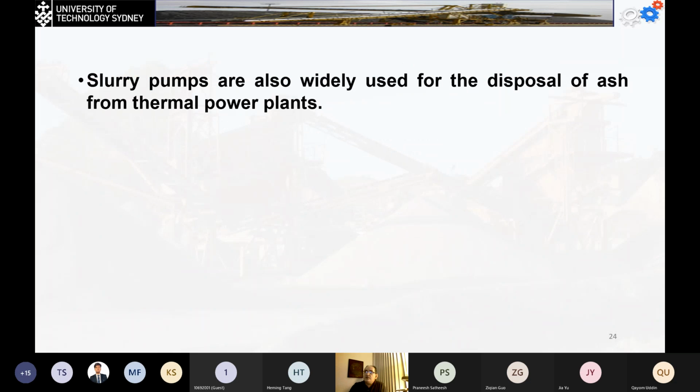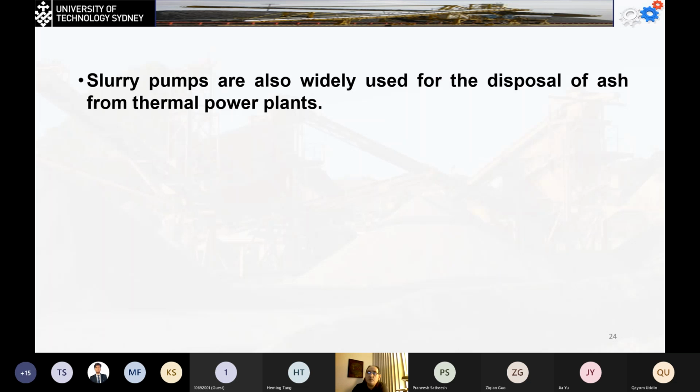Slurry pumps are also going to be widely used for the disposal of the ash from the thermal power plants, and this is the most common application we have in New South Wales, at least, because the mining of the metals is usually going to be done in Queensland, South Australia, and Western Australia.